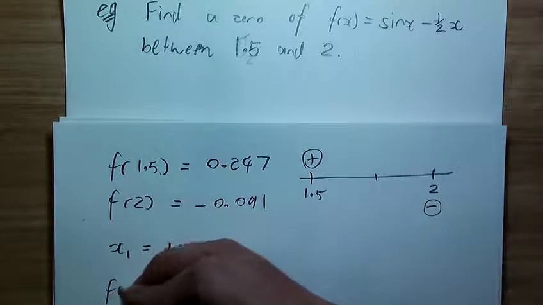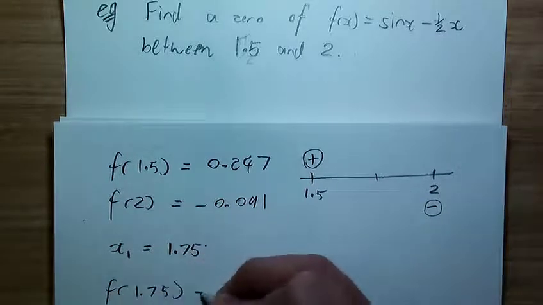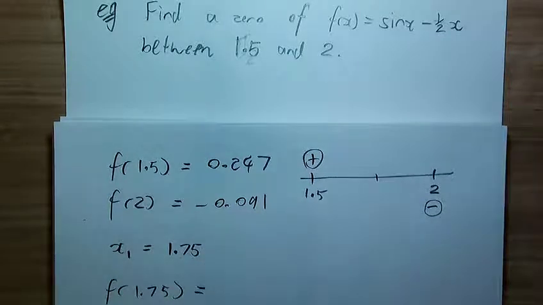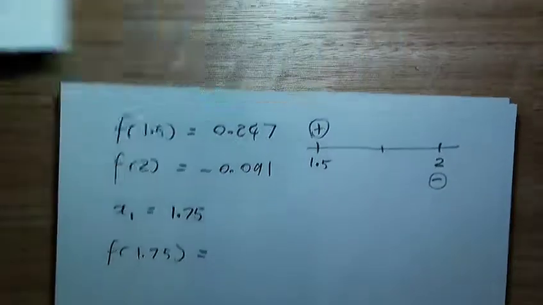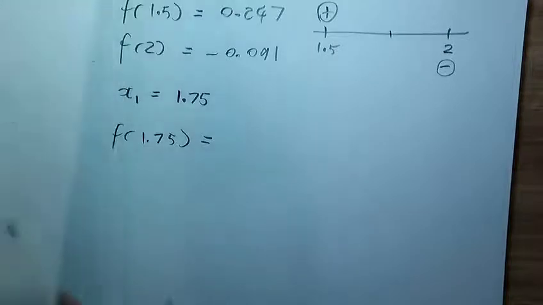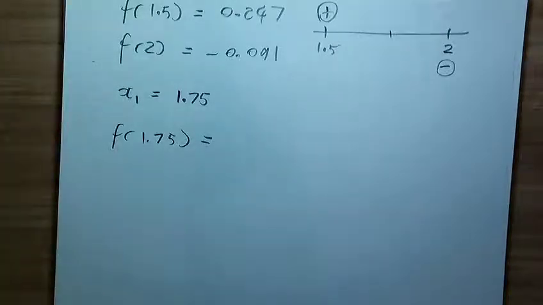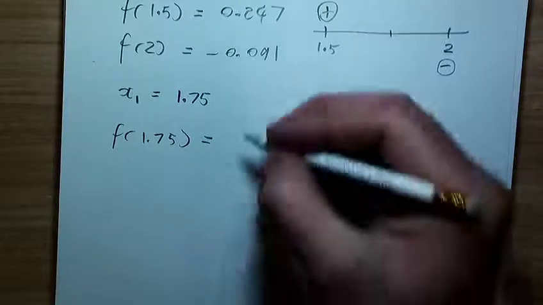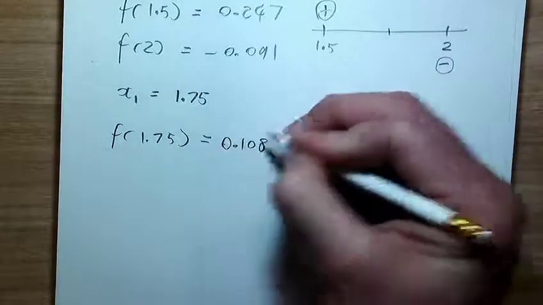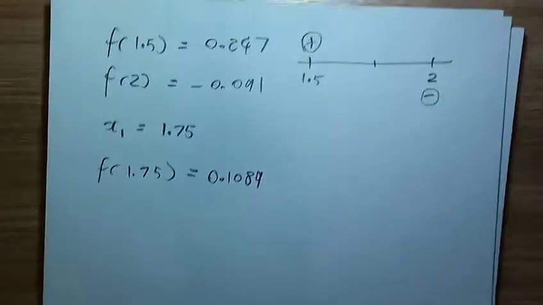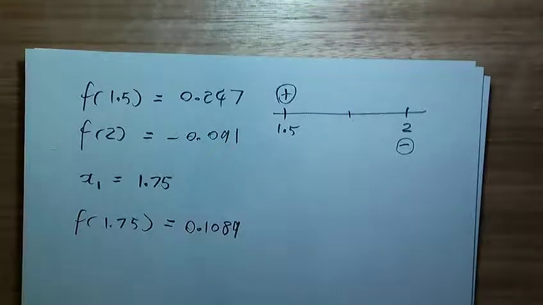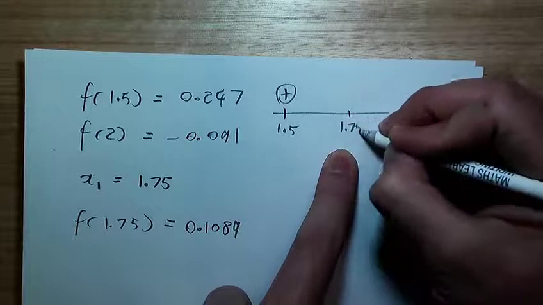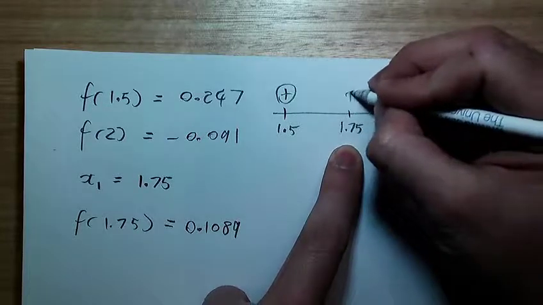Okay, so I'll do f of 1.75, and what does that come out to? Have we got an answer? 0.1089. Okay. So, at 1.75, it's positive.